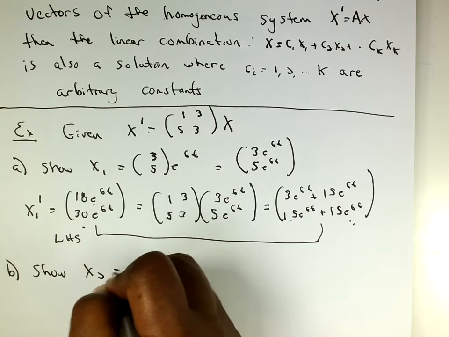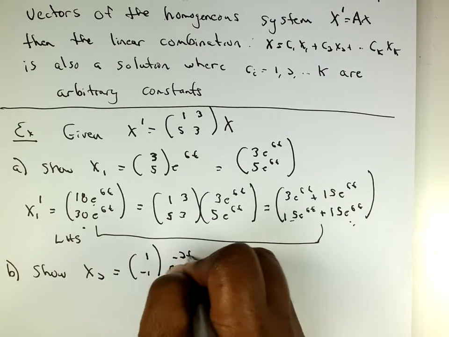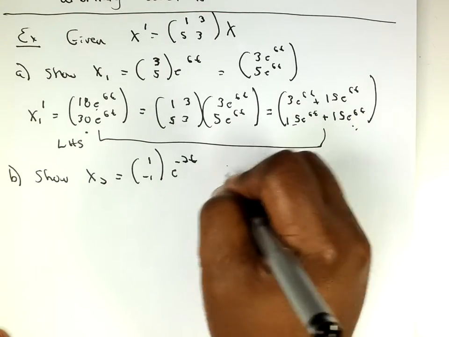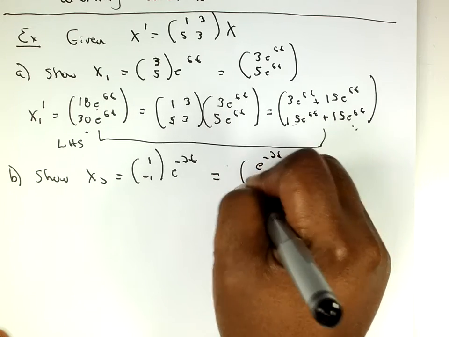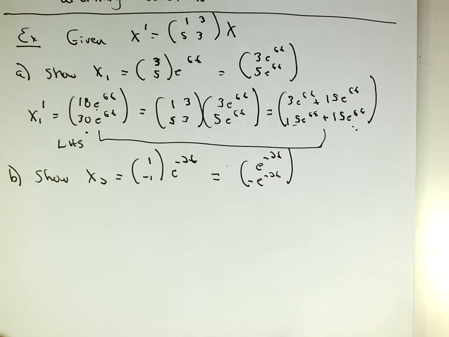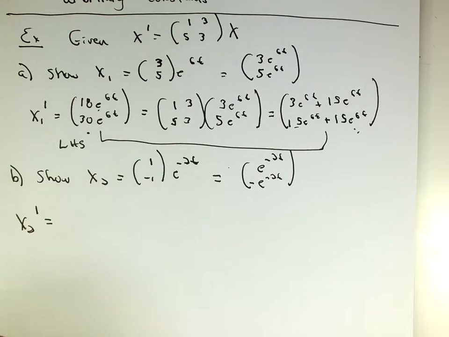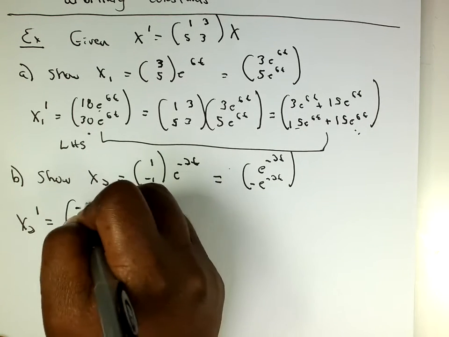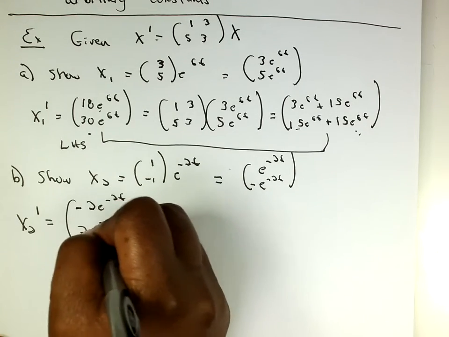And then we have another solution vector, x2. Again, I need to do a rewrite, and I get e to the negative 2t and negative e to the negative 2t when you distribute that. So the left hand side, the x2 prime, gives me negative 2e to the negative 2t and positive 2e to the negative 2t.